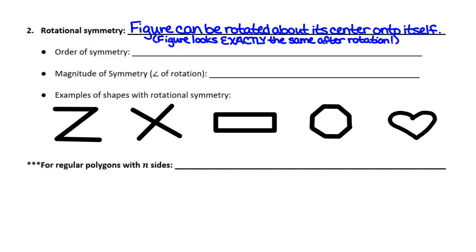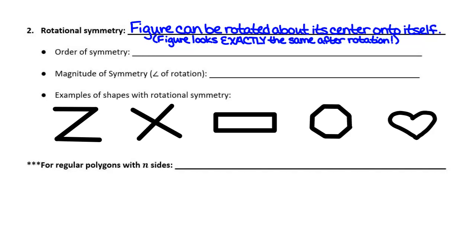All right. So with our rotational symmetry, like the definition says, this figure can be rotated about its center onto itself. So if I was doing this with tracing paper, I would set it down on top of my shape and trace over it. Then I'm going to put my pencil right in the middle of that shape so that I can rotate and the paper won't move from that center point.